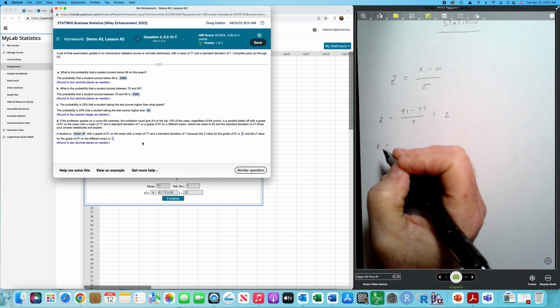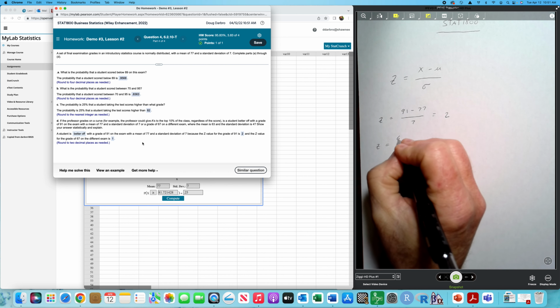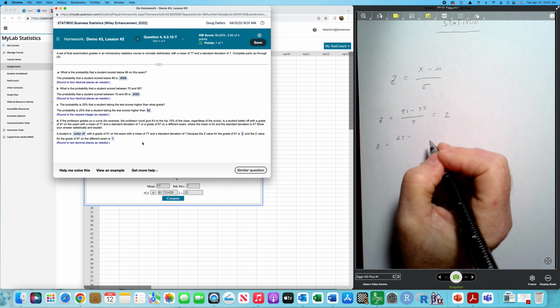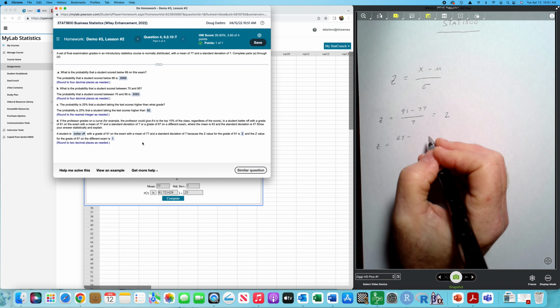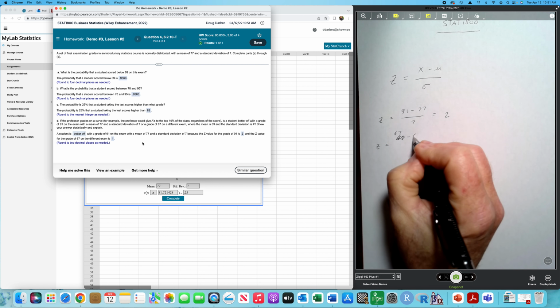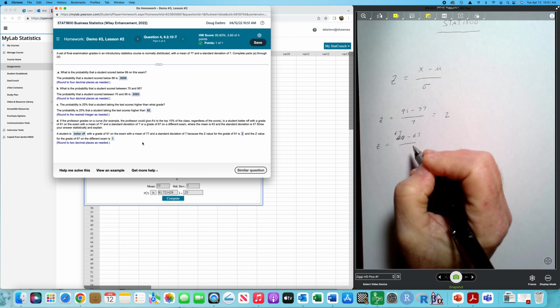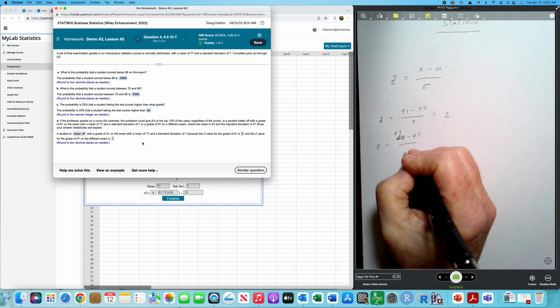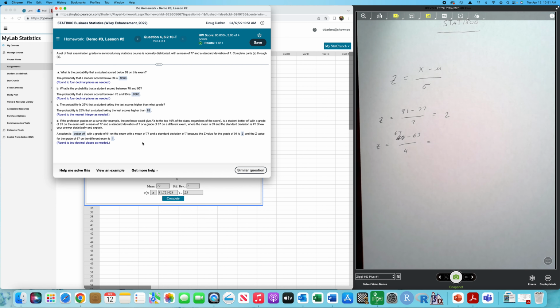The other scenario is they scored a 67 with a mean of 63 and a standard deviation of 4. You can probably do that one in your head, at least I can.